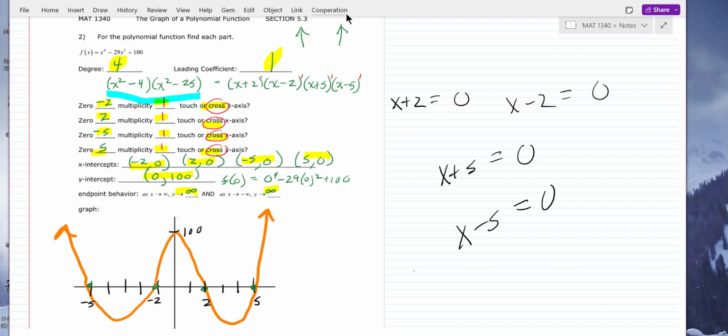And the other thing is, because the highest power was even and the leading coefficient was positive, that's how we know the graph turns up like that. Everything crosses, you have a y-intercept of 100, so your graph would cross through the zeros and the intercepts like that. Now you could make it go through that y-intercept and down. That doesn't matter, but that's roughly what that graph would end up looking like.